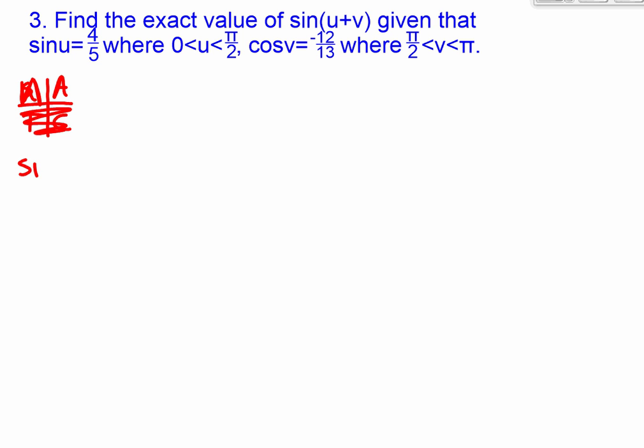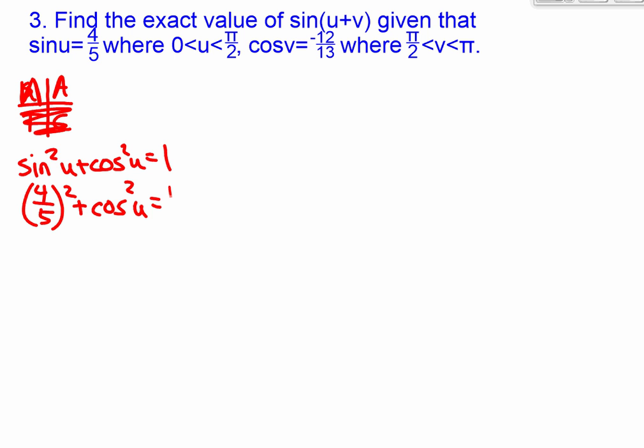And so we know sine squared u plus cosine squared u equals 1. This is 4/5 squared plus cosine squared u equals 1. So cosine u equals plus or minus the square root of 1 minus 4/5 squared. Do you agree with that?